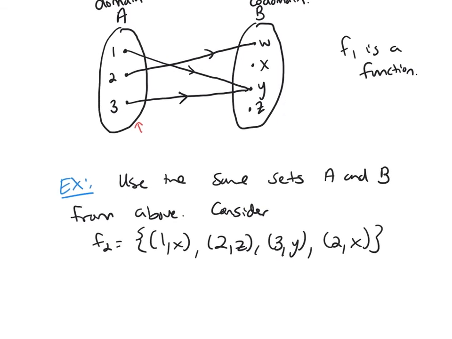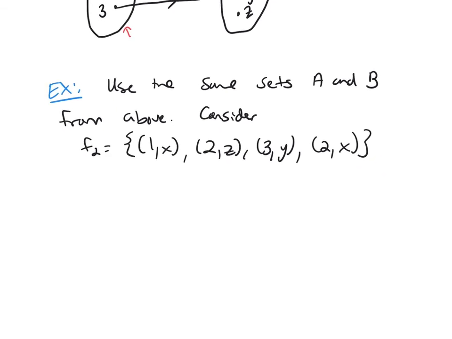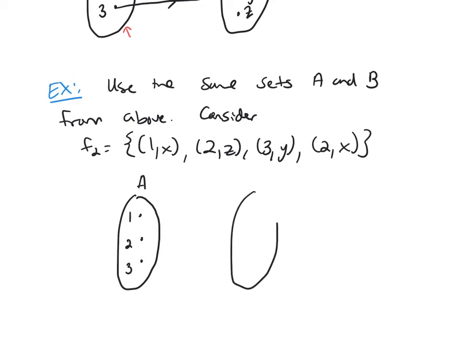And so let's draw the picture for this one. Again, you're going to have A, which had the elements 1, 2, and 3. And then you have the set B, which has W, X, Y, and Z. And let's run down and fill in our arrows.